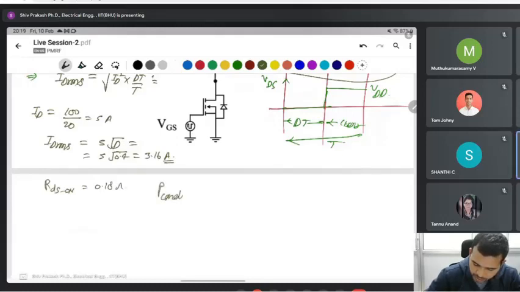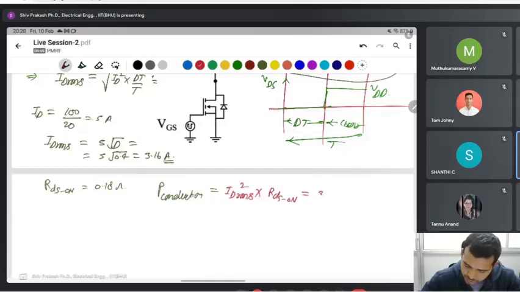So, the conduction loss. What are the switching losses?